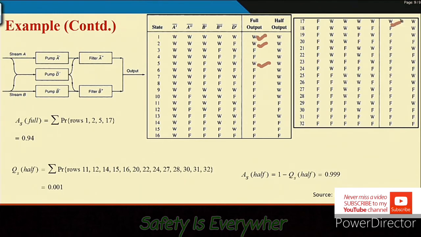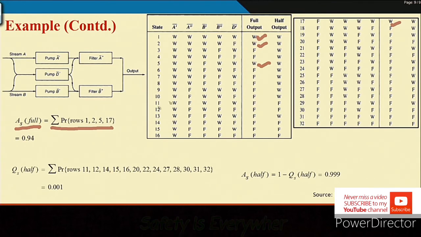All other cases it is not possible. As a result, we are writing AS full is the summation of the probability of rows 1, 2, 5 and 17. And you know the working probability values, they are known to you. Now if you find the probability of the first row, second row, fifth row and 17th row and you add them, you will get AS full as this.